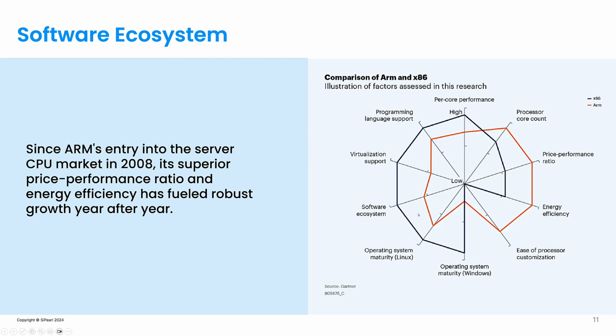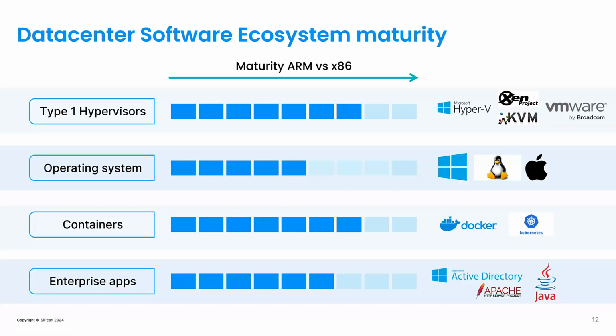However, as we can see here, the ARM ecosystem in terms of software, even though it grows year after year, is still a little bit behind compared to x86. We can see the data center software ecosystem in a bit more detail here. Let's consider x86 the most mature one, which is the light blue here.